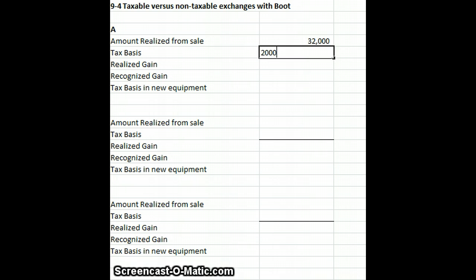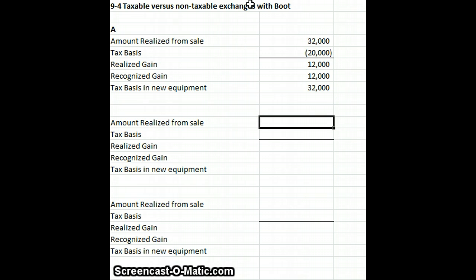Our tax basis was 20, so minus that. That means I have a realized gain of $12,000 because it's taxable. It does not qualify as a non-taxable exchange. Our recognized gain is also going to be $12,000, and because I've recognized my gain, my new basis in the new asset is going to be the fair market value of that asset, or $32,000.